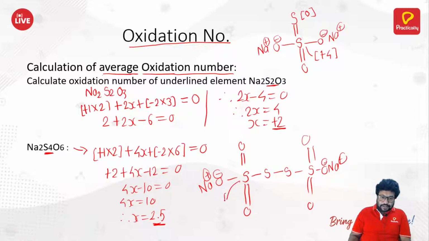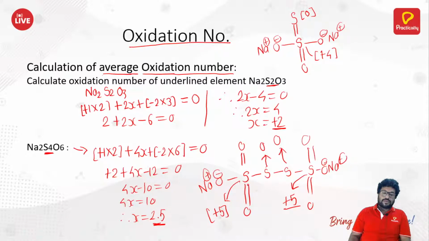That means its oxidation number is plus 5. And this sulfur is attached to sulfur from both sides. Same is the case with this sulfur. So both of these show 0 oxidation number, and this sulfur shows plus 5 oxidation state, just like this one, because it also has formed 5 bonds with the oxygen atom.